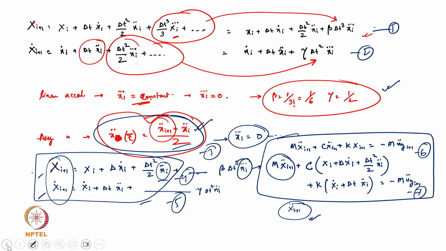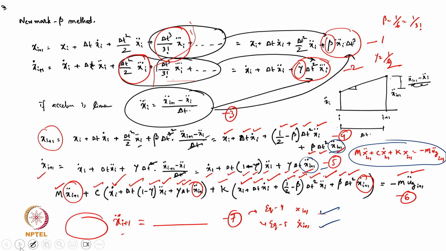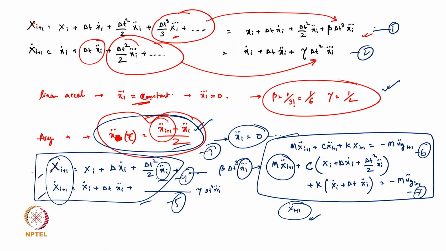Just cross check. This is equation 4. Just cross check what we got for the linear acceleration case. Look, all the terms remain the same. Just here we have a term xi plus 1 double dot. That term is just missing here. So the value of the acceleration is the problem.